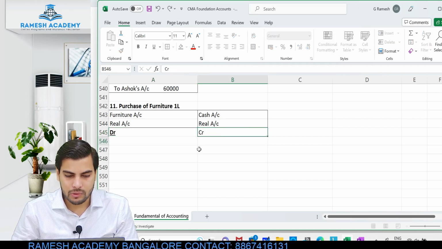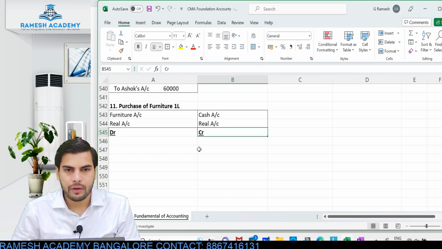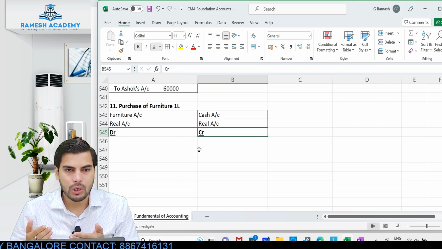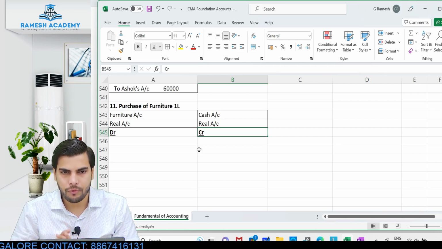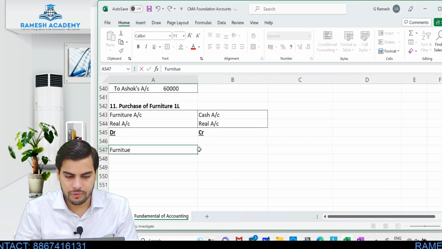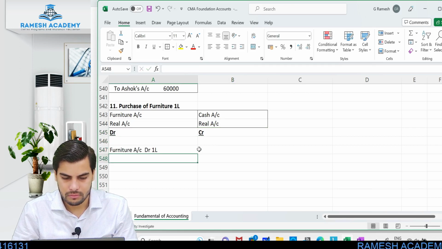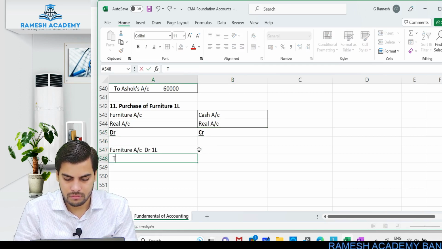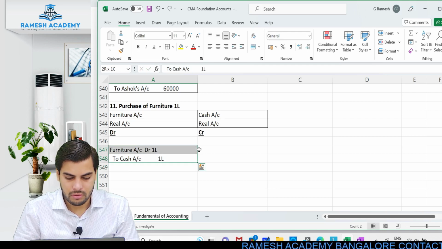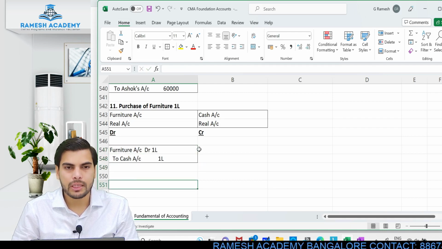The cash will be going out of the business, therefore we credit the cash. So the ultimate journal entry would be: furniture account debit, to cash account.